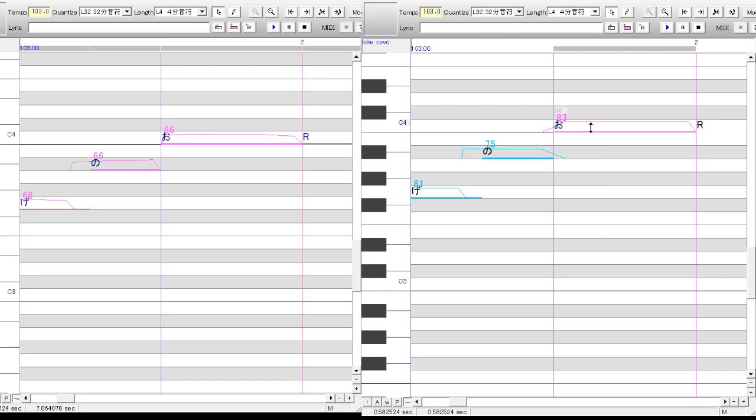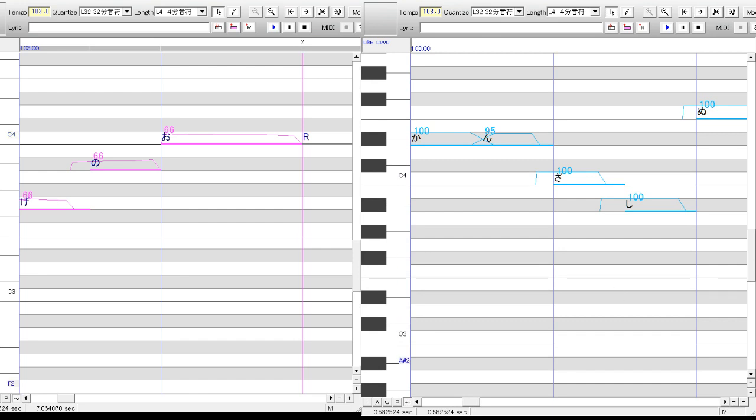What I'm doing is I'm basically just matching up where the lines here hit the kana so that the velocity is more or less the same. Velocity is another way of saying volume in UTAU itself.